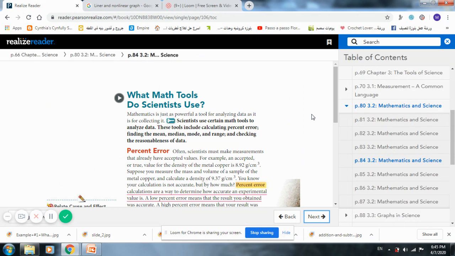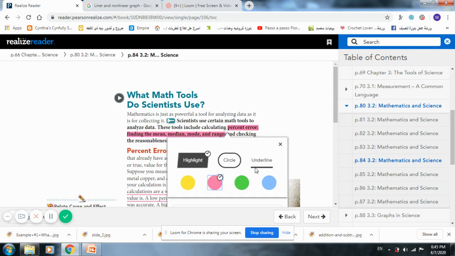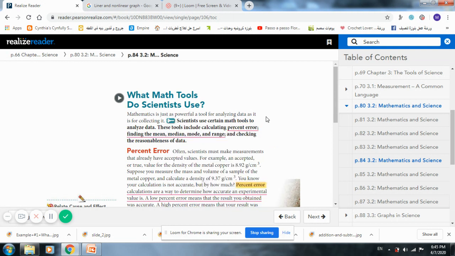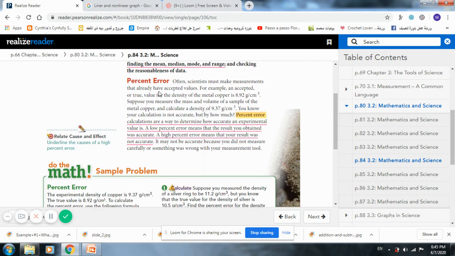We have many math tools that scientists can use: first, calculating percent error. This is number one. Then finding mean, median, mode, and range. I think all of you studied this in your mathematics subject. So let's talk about percent error first.